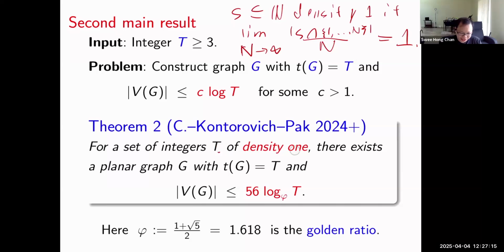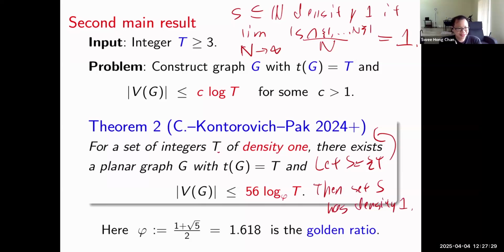Thanks, Peter, for the clarification. Maybe let me say, let S be the set of T such that this is true. Then the set S has density 1. That is the statement. Thanks, Peter, for fixing my mistake. And now this is a mathematical mistake, so I cannot blame my English teacher now. Thank you so much, Peter.